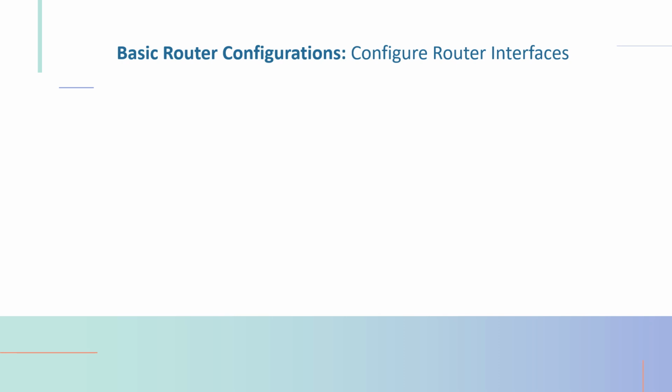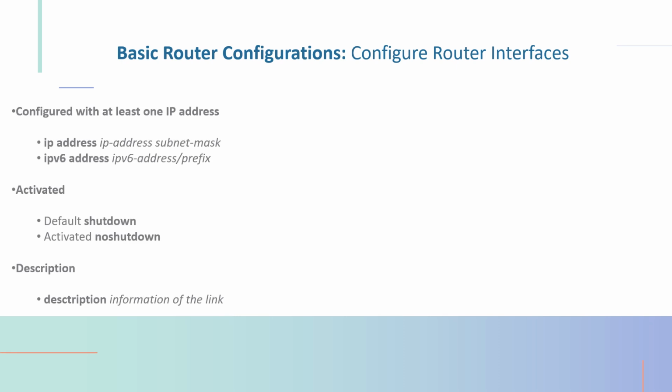In this case, they use serial cables for connection between two routers, and they use Gigabit Ethernet interfaces for connecting LANs.